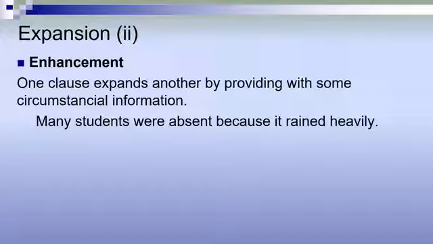The connection between because it rained heavily and many students were absent is too far. It is far because raining and being absent are not always a one-to-one connection. It's different from the previous example in which we have extension. Linda is absent, but she has promised to help us. The connection is very close.